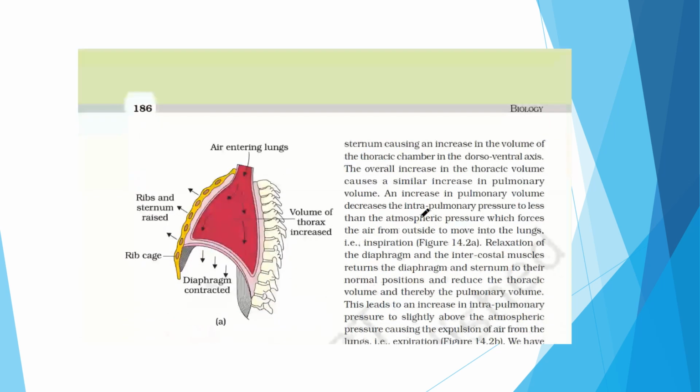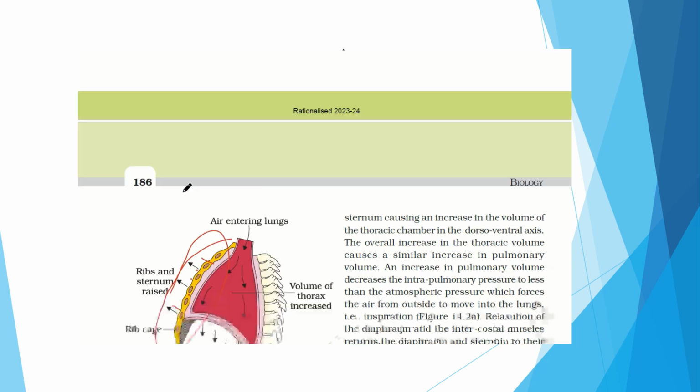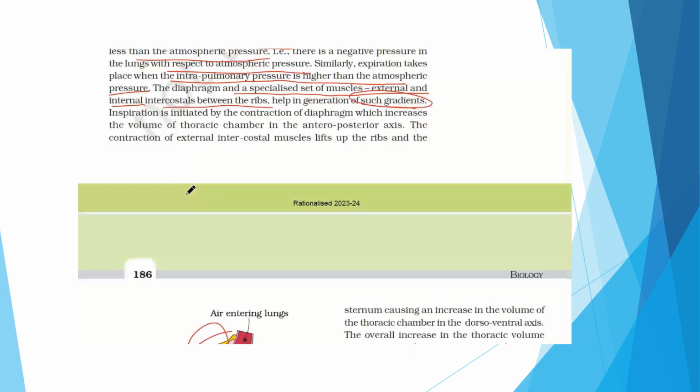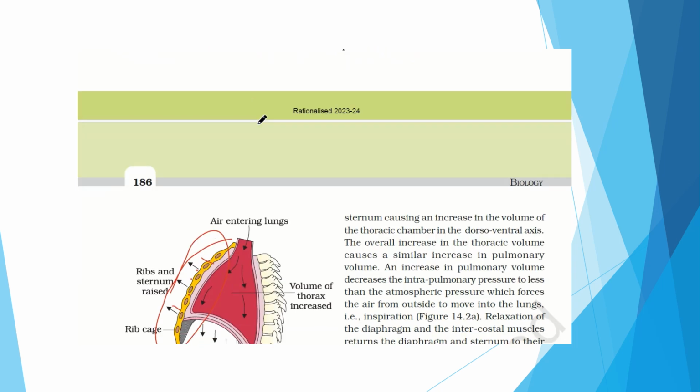Let us see the diagram here. These are the ribs and the sternum, and here lie the intercostal muscles in between the ribs. These muscles help to maintain this pressure gradient. Inspiration is initiated by the contraction of the diaphragm, which increases the volume of the thoracic chamber. What is the thoracic chamber?